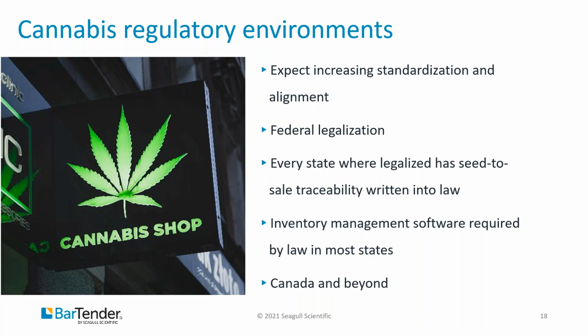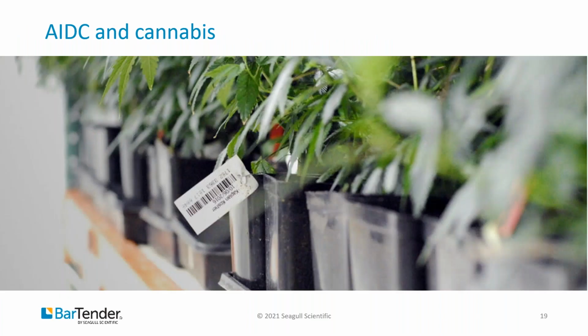And in fact, Canada also worked very closely with Colorado and didn't clone their labeling regulations, but certainly helped with alignment there. Every state where legalized has seed to sale traceability written into law. Inventory management software is required by law in most states.